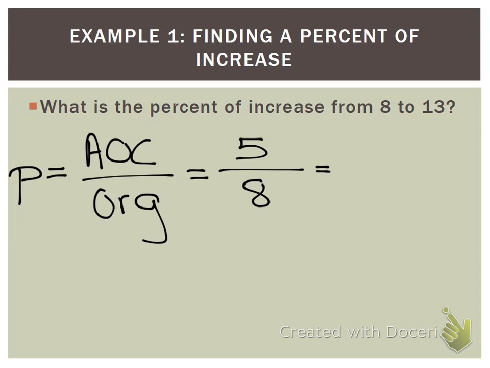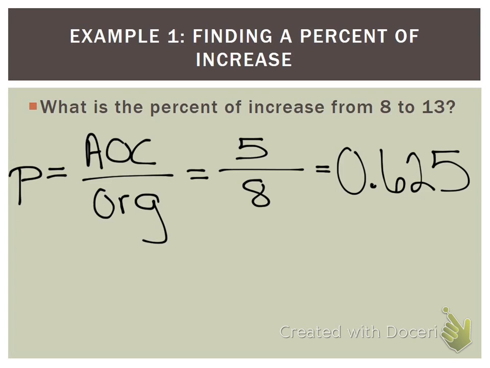Now I'm going to take that fraction and change it to a decimal. 5 divided by 8 is 0.625. I want you to write the decimal for now. Eventually you'll be able to just convert this part in your head.